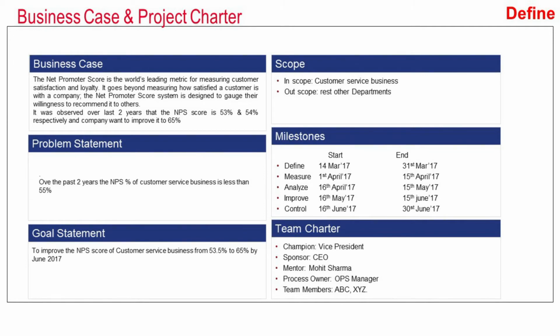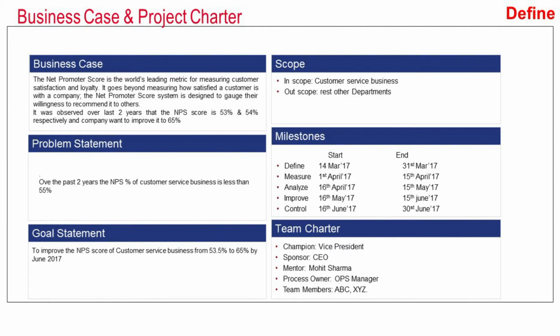The problem identified here is that over the past 2 years, the NPS percentage of customer service business is less than 55%. So this is a big problem which has been identified by the team. The goal of the project is to improve the NPS score of customer service business from 53.5% to 65% by June 2017.